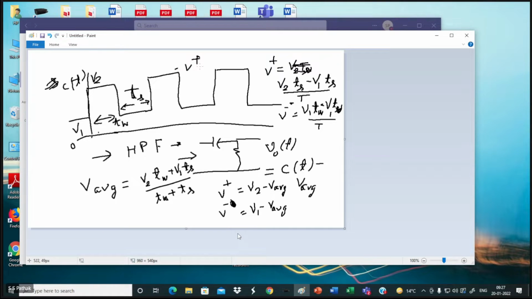So V plus is TS by T, capital T, into V2 minus V1.